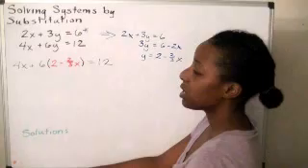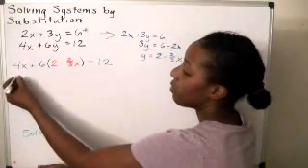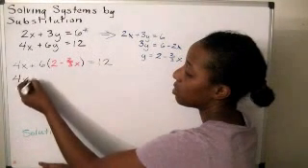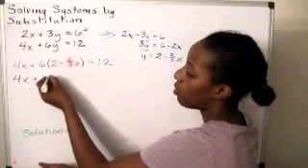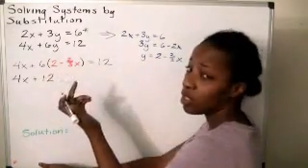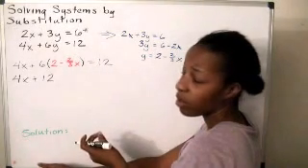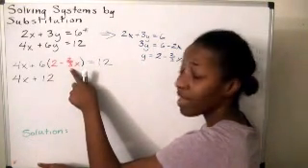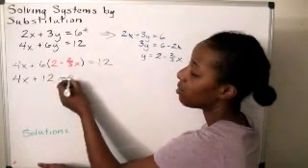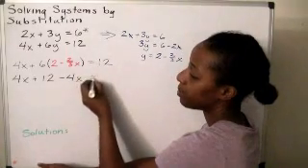I'm going to distribute the 6 over. I get 4x. 6 times 2 is 12. And here's the tricky part. 6 times negative 2 thirds x is negative 12 over 3, which is a negative 4x.